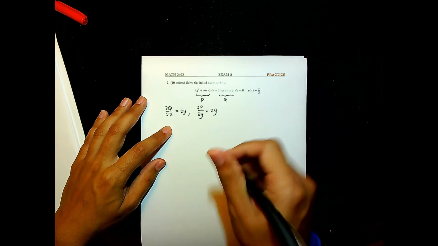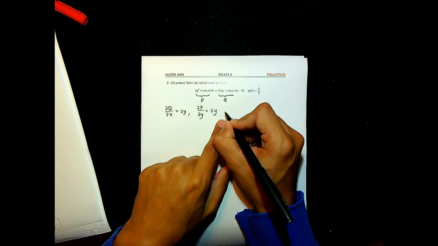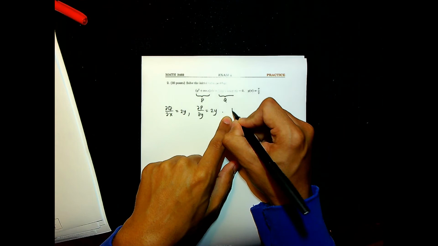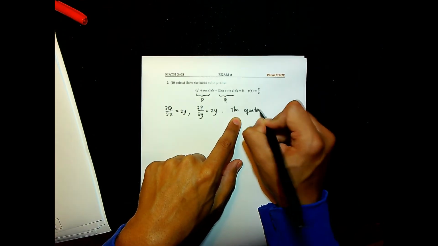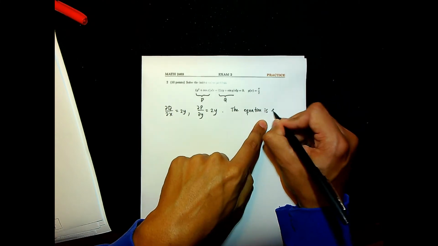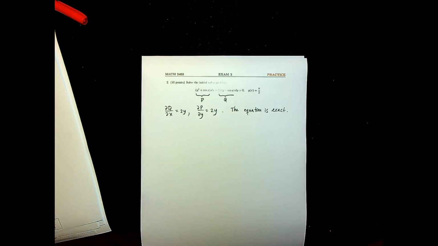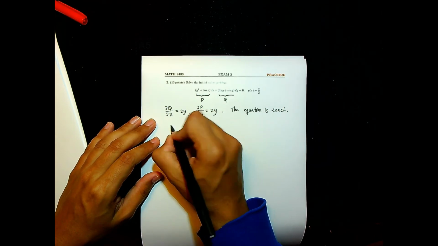So note that these are the same, so therefore the equation is exact, because they're the same. Now, if the differential equation is exact, there's a very specific procedure for solving this. So remember, what is the procedure?